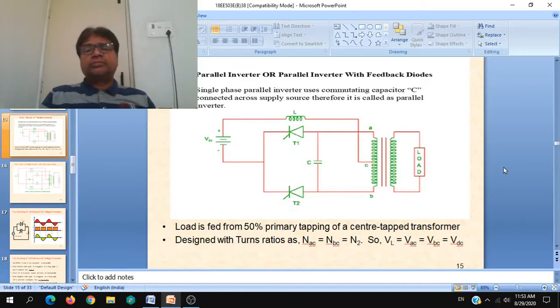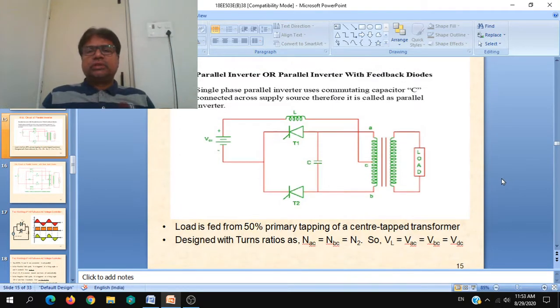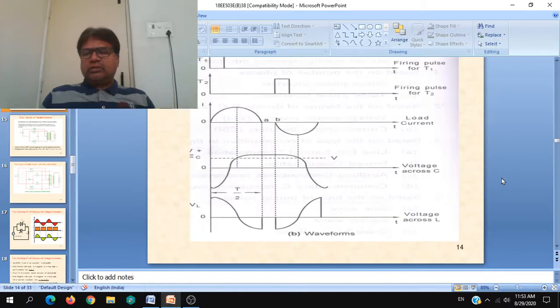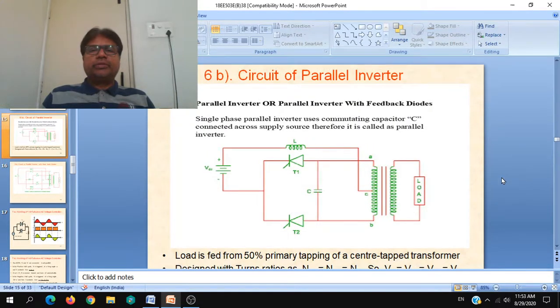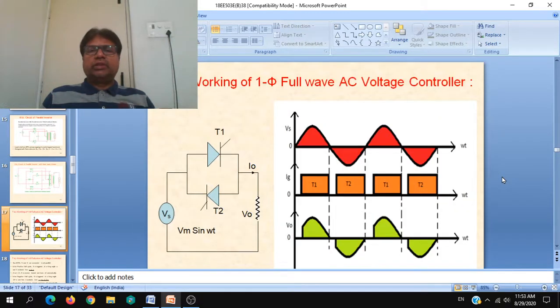So that is how it follows, and that is for part B. 6A and 6B are over. Next we will switch over to part C.